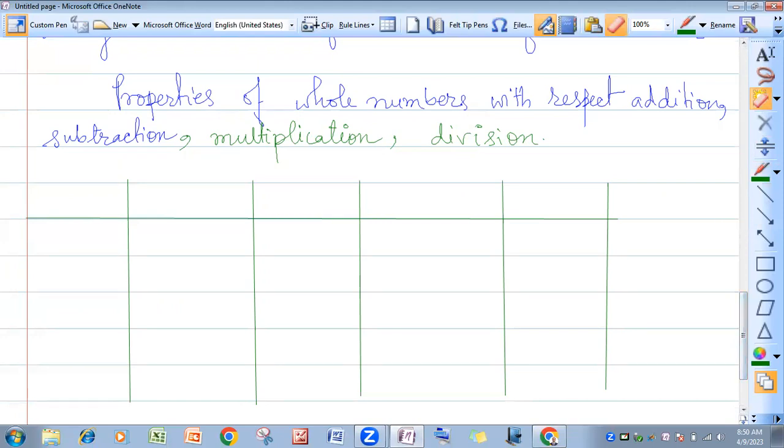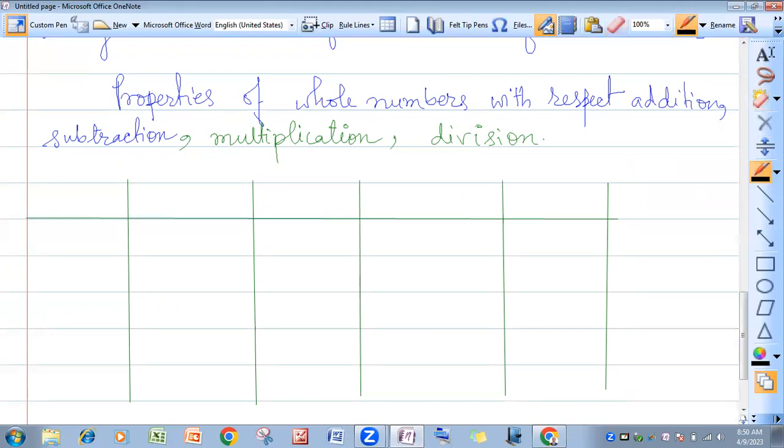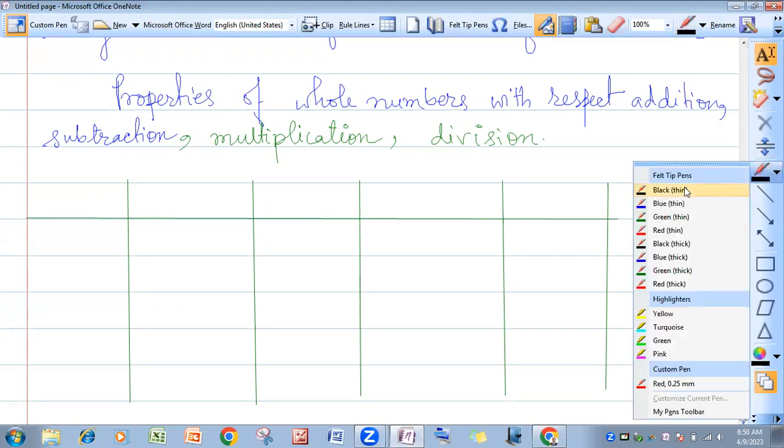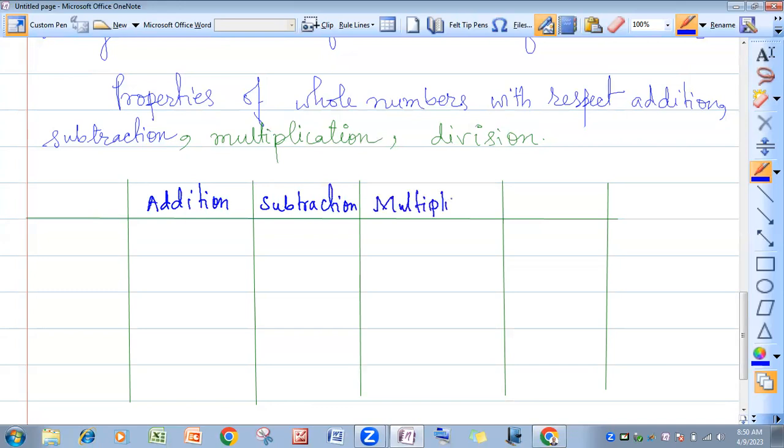So see, here we write addition, then subtraction, then multiplication and division.